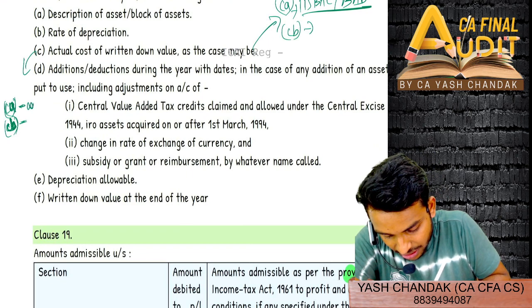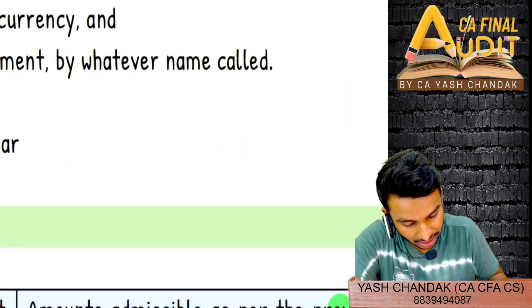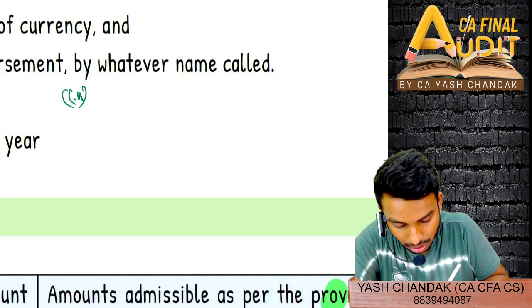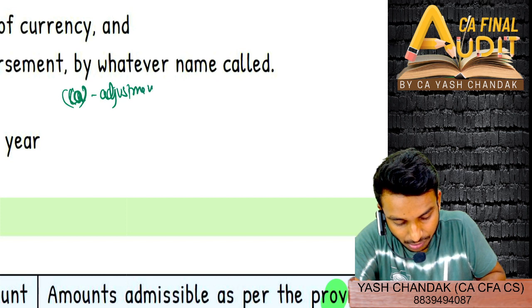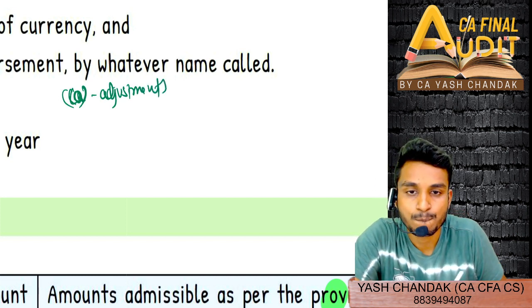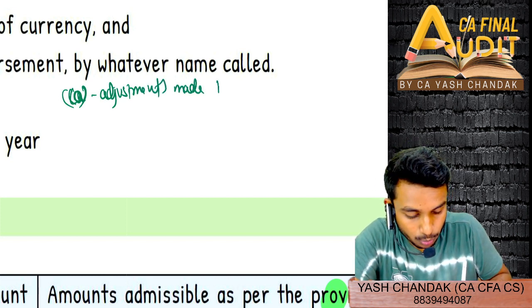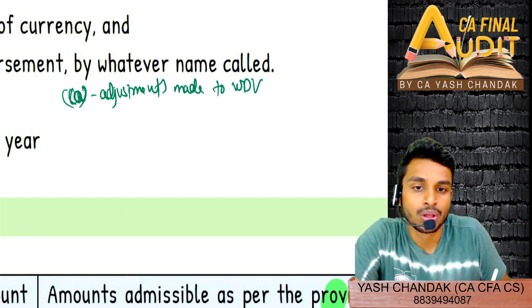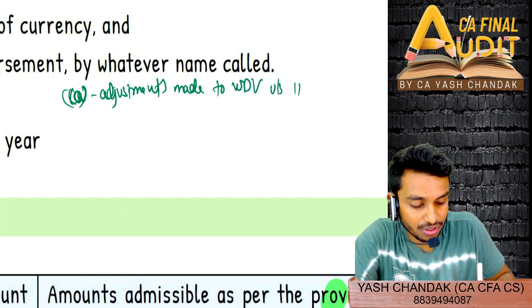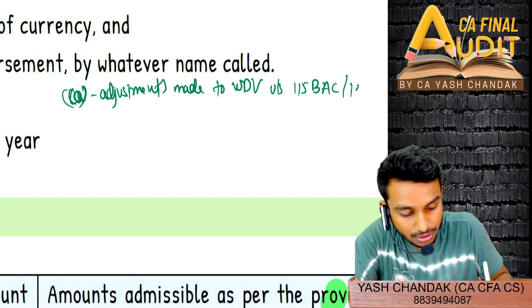One is with respect to adjustments made to WDV under section 115BAC and BAD.